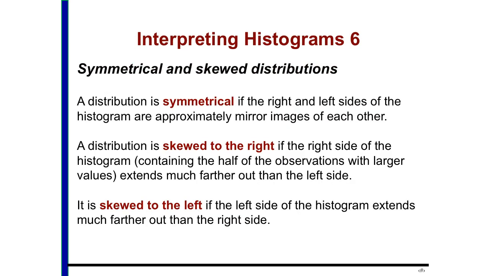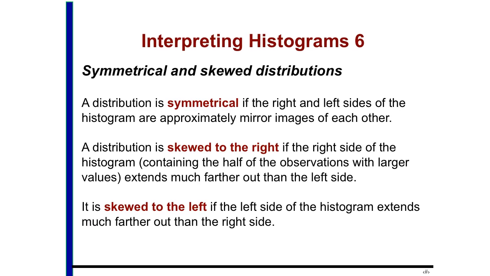So the different shapes of a histogram: it can be symmetric, which is if the right and the left sides are mirror images of each other, approximately mirror images. A distribution is skewed to the left if the left side of the histogram extends much farther than the right side. So what I like to say, in this case, it's kind of weird.